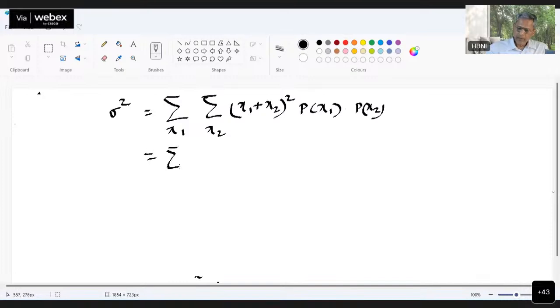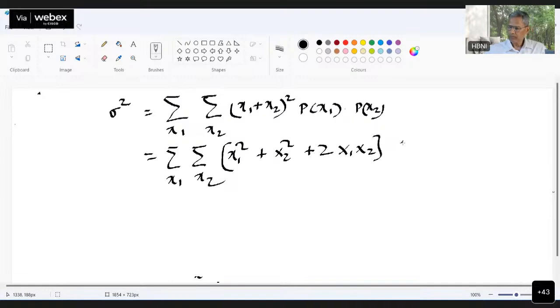So this you can write: you bring x1, earlier it was 1, x2 also 1, and this cross term will go to 0.